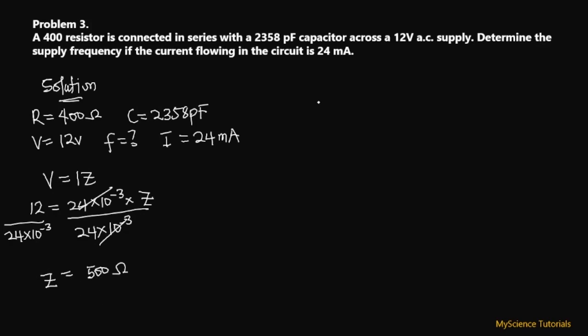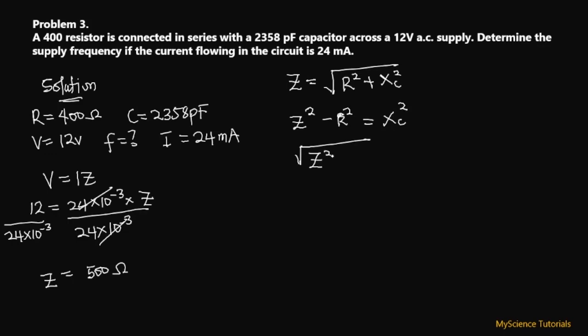Now that we have the impedance, we know that impedance is equal to the root of R squared plus capacitive reactance squared. So Z squared minus R squared will give us XC squared. And so the root of Z squared minus R squared will give us our capacitive reactance, which is what we are looking for.